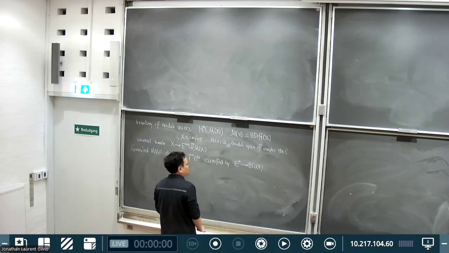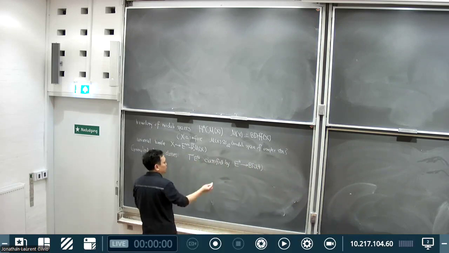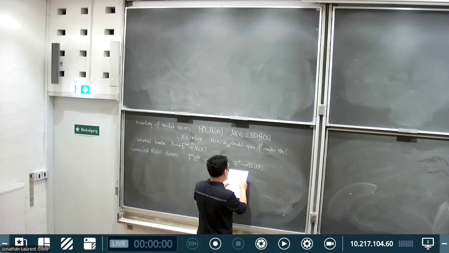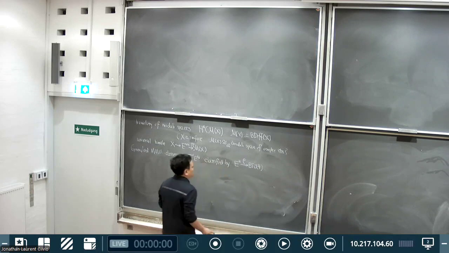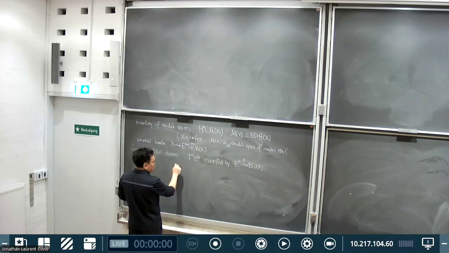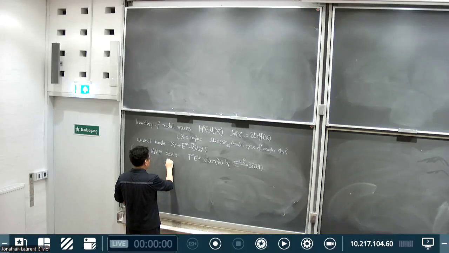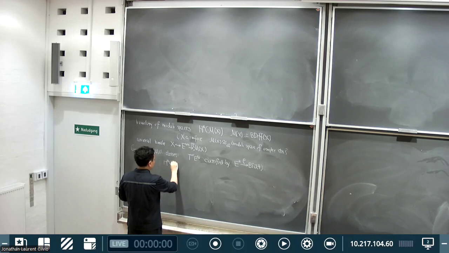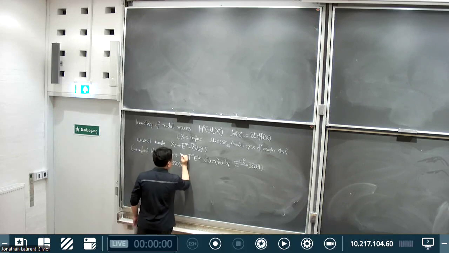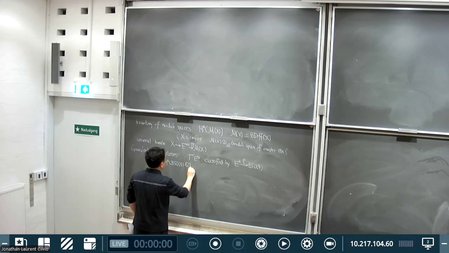So one thing we can do is, okay, I'm going to name this map rho. We can start with talking about the elements in this cohomology.